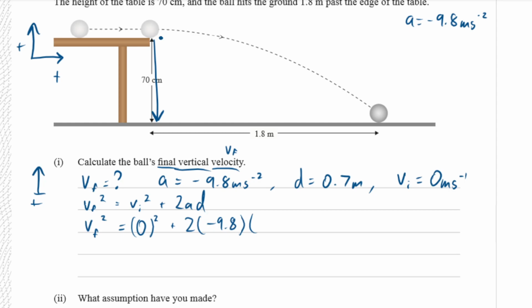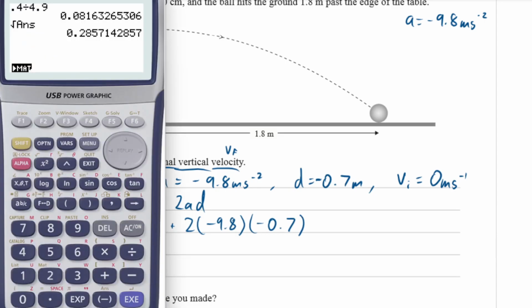The ball travels from up high down to the ground, so according to my coordinate system, it should be negative. Like so. Now we can simplify. 0 squared is 0. Don't need to write that. And then the rest. 2 times negative 9.8 times negative 0.7, 13.72.